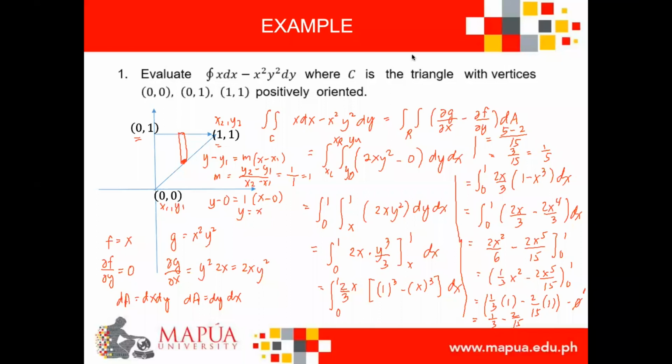By the way, I forgot to include the negative sign for x squared, y squared. So let me just include that. So we write here now negative x squared, y squared. When you get the partial derivative, it is negative 2xy squared. So all of this should have the negative sign.